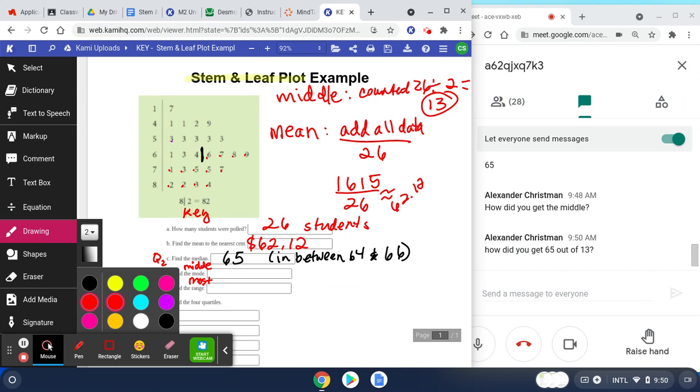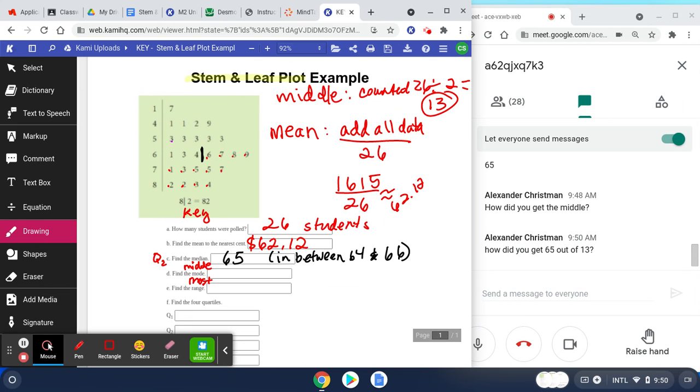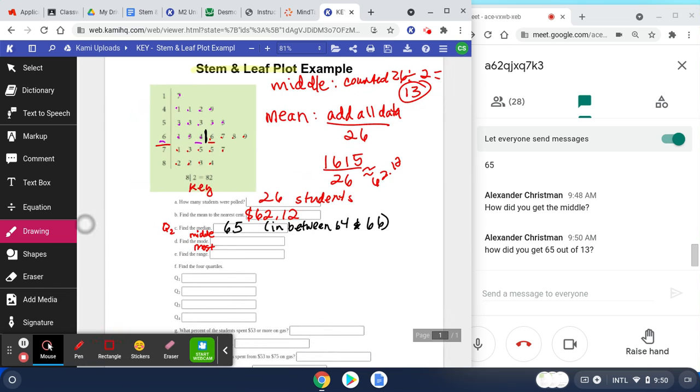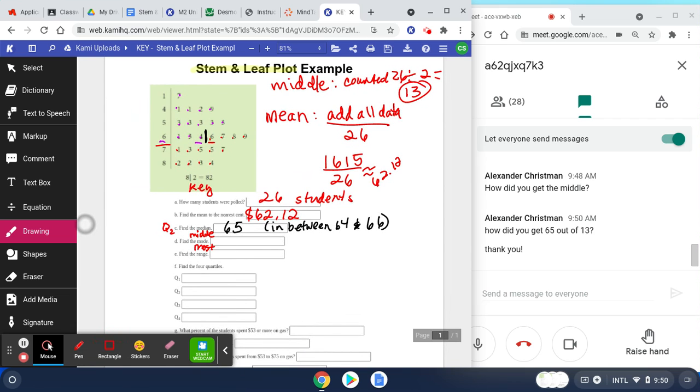Do you see how there's 13 pieces of my data? And then if I count the other direction, 13 pieces of data. It's in between the data, 64 and 66.